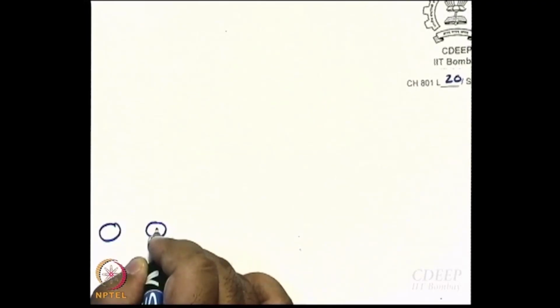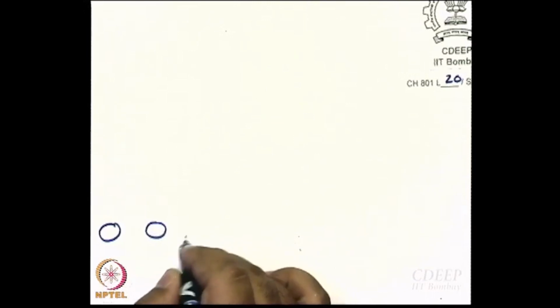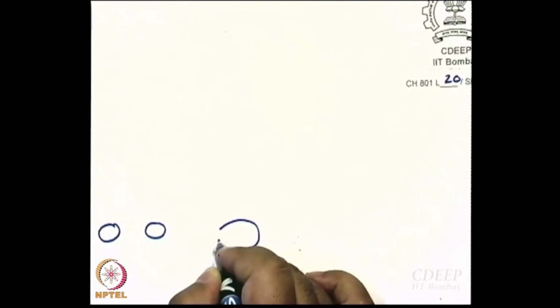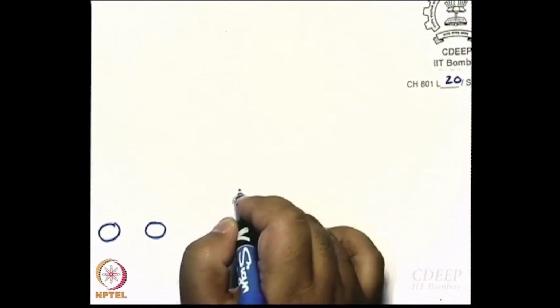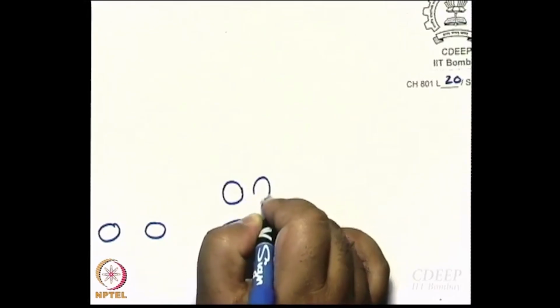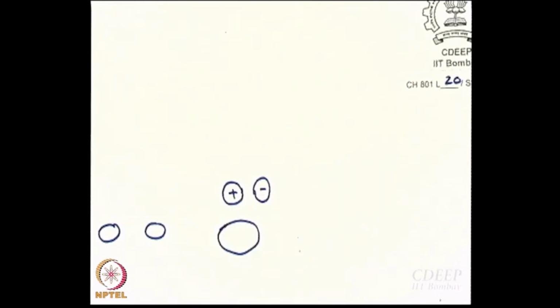So you have 1s orbital and you have 1s orbital, and when you generate a molecular orbital by linear combination of these, then what are they? One linear combination is plus, another linear combination is minus. Do these orbitals belong to some symmetry species of the point group?